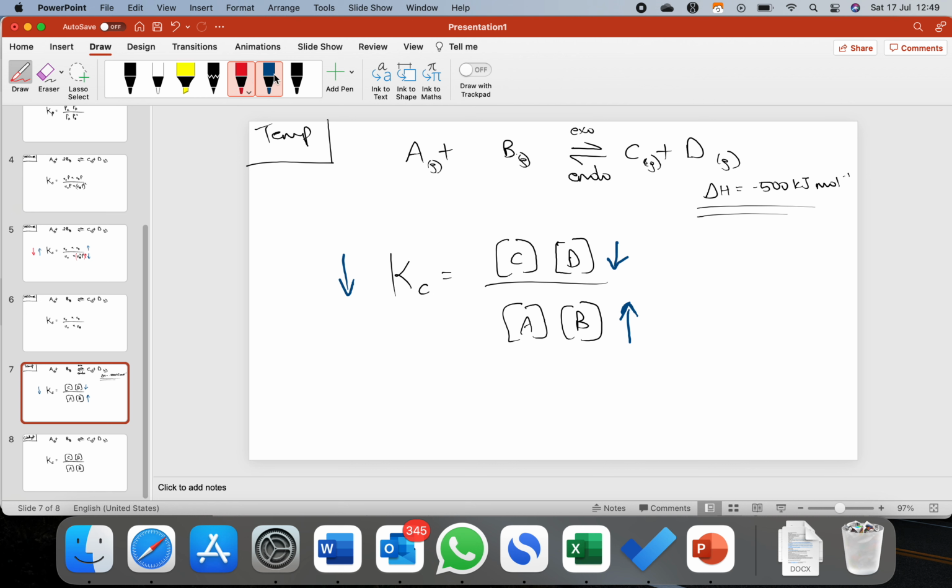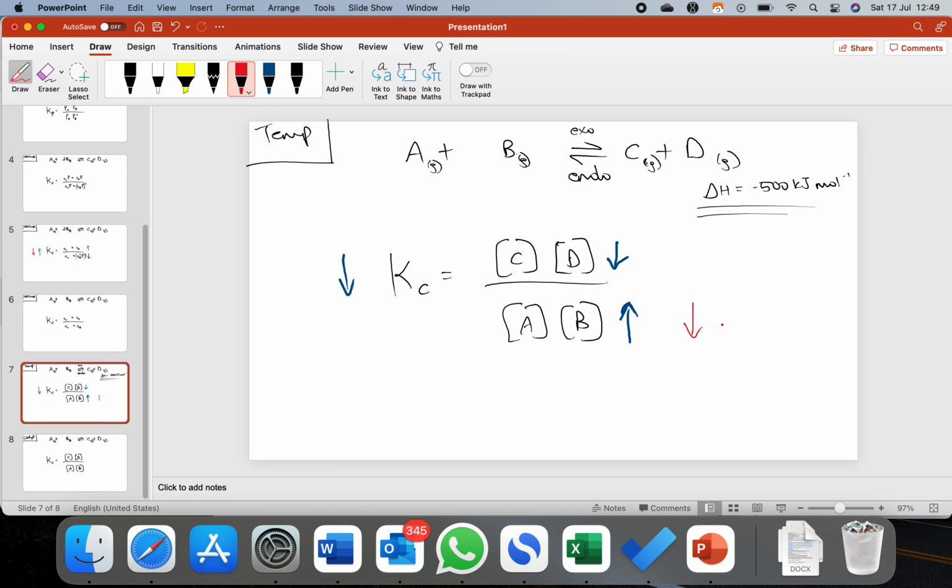Likewise, if the opposite happens, let's stick with this reaction, and let's say, for example, we tried to decrease the temperature. If we try to decrease the temperature, the system tries to increase the temperature, so it increases the rate of the exothermic reaction. So what does that do?